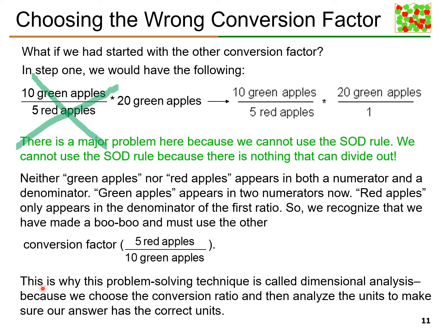This is why this problem-solving technique is called dimensional analysis, because we choose the conversion ratio and then analyze the units to make sure our answer has the correct units. And then the number part will take care of itself. Now, we probably could have called this unit analysis because we are analyzing units, but it is known as dimensional analysis.